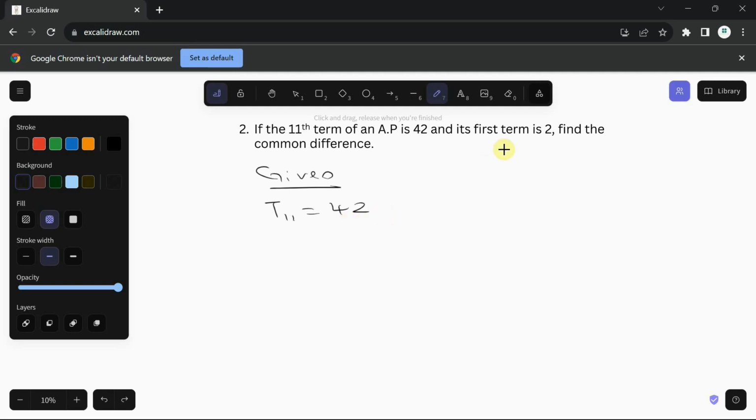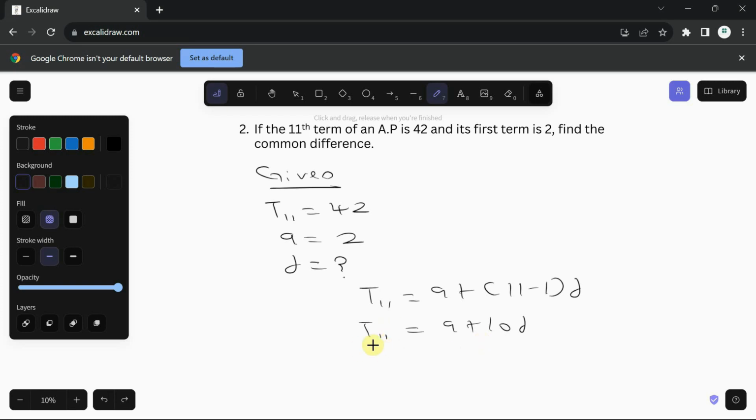The first term, a, is 2, and we should find the d, which is the common difference. So we can put a question mark on the d. If I were to write T11, how will I write it? T11 is equal to a plus 11 minus 1 times d. This is the formula. So T11 is equal to a plus 10d.